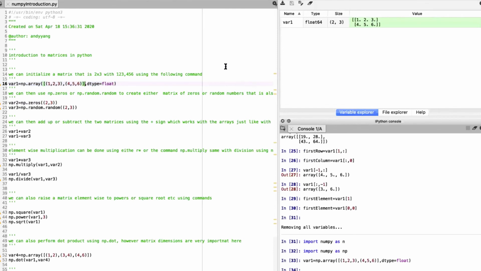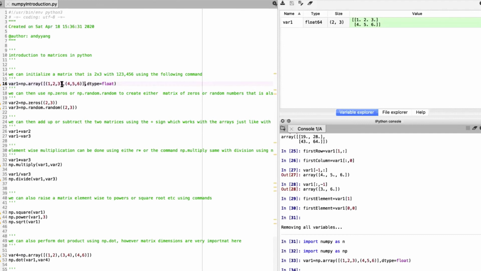So I created var1, which is a NumPy array. The outer bracket indicates this is two-dimensional. If you have multiple nested brackets, it goes into 3 dimensions. We only have one outer bracketed thing, so that's two-dimensional.